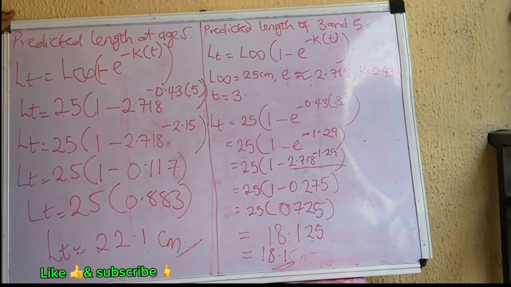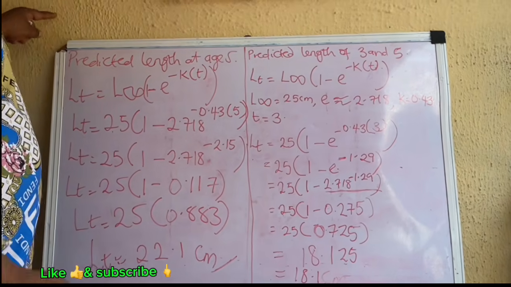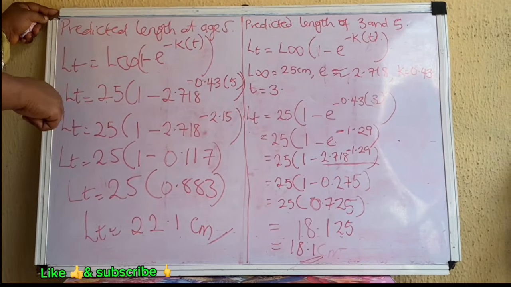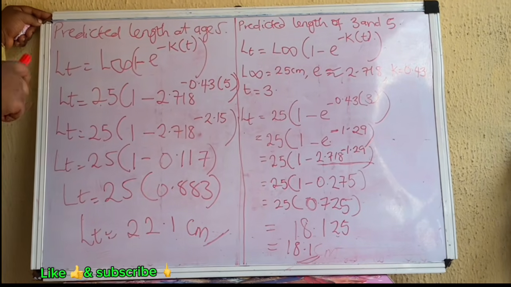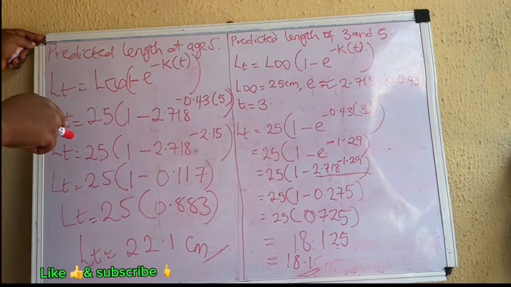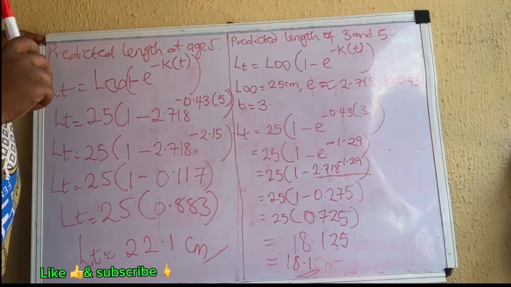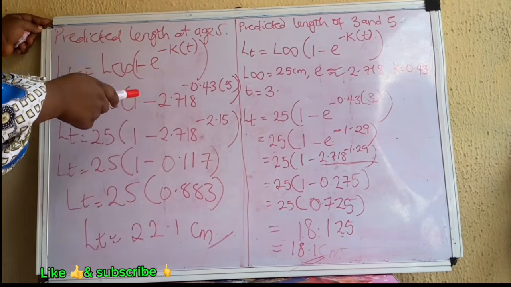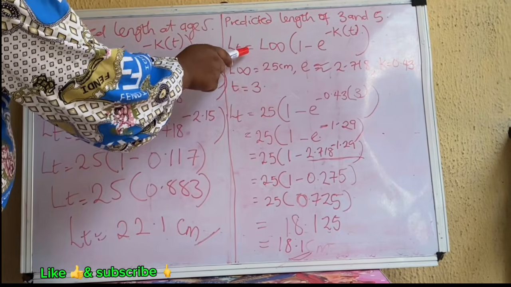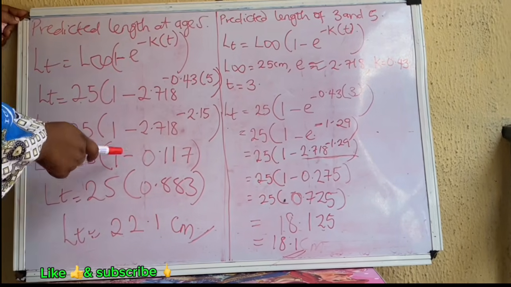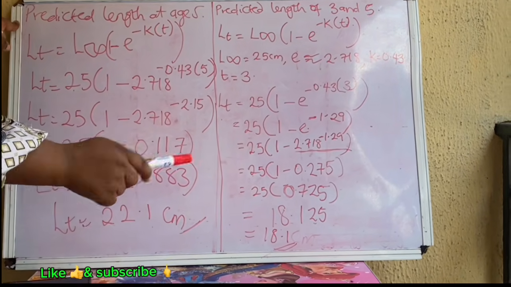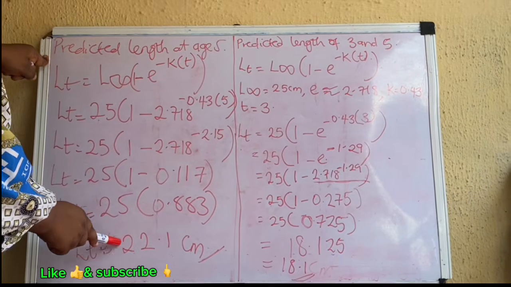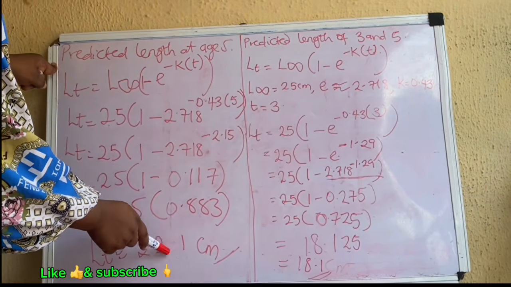Then this pattern suggests that the fish stock is not severely overfished, and the individuals have sufficient time to grow more before reaching their asymptotic length. You know that the asymptotic length is 25, and at age 5, which is the highest length in our given data set, it is 22.1.